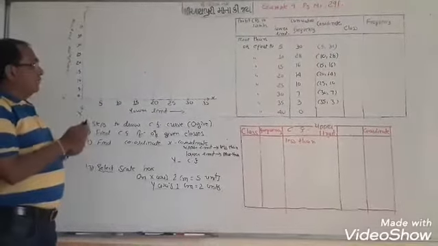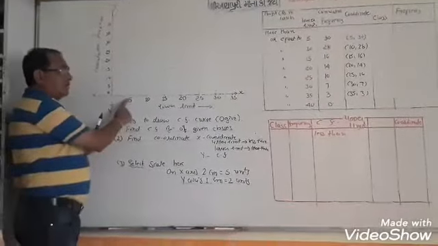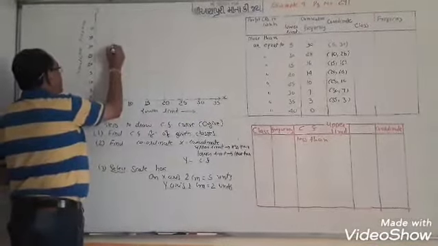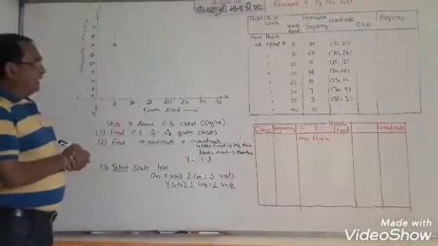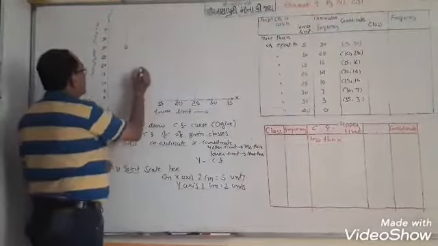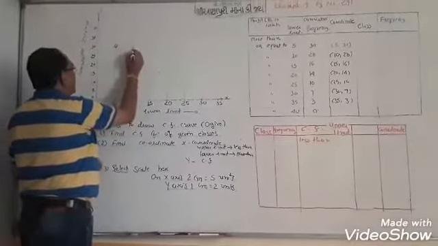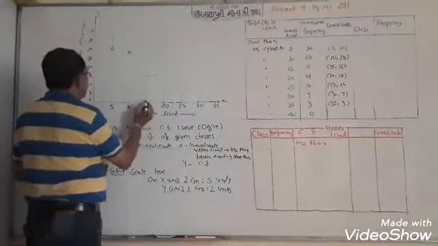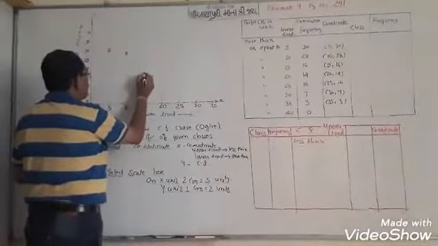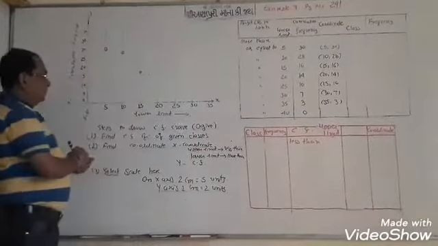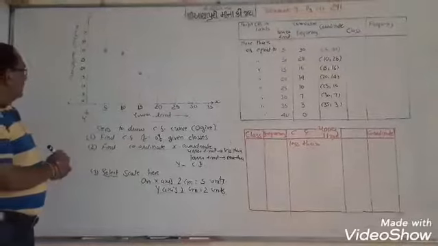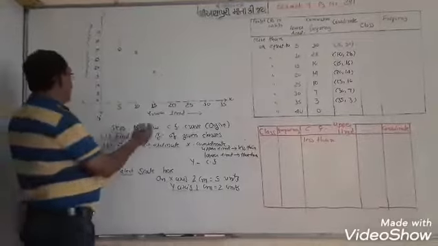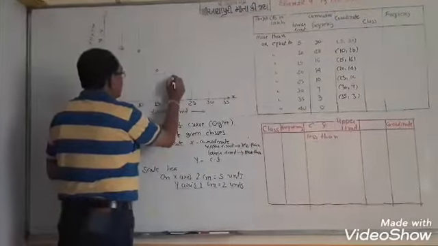First of all, 5 and 30. Where is your 5? Here. We will locate this 5 and 30. Second, 10 and 28. Third one, 15 and 16. Then 20 and 4.